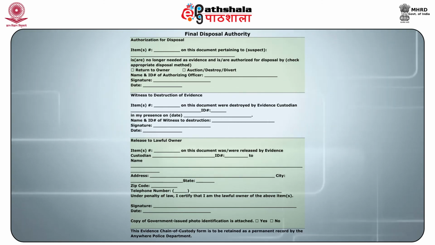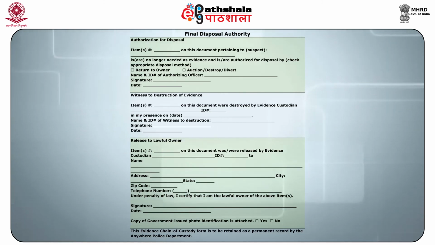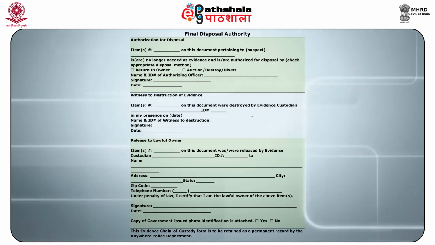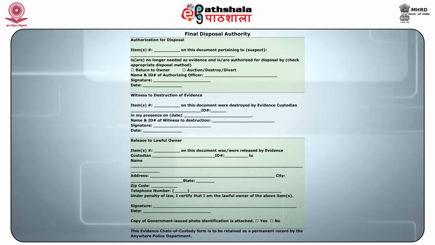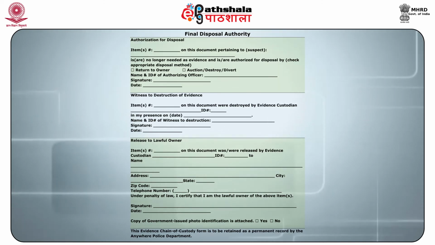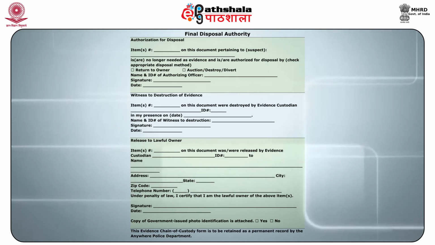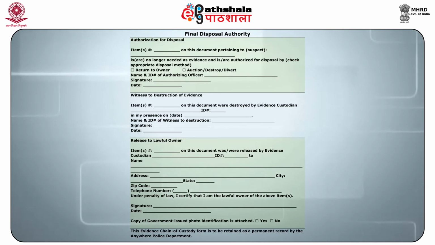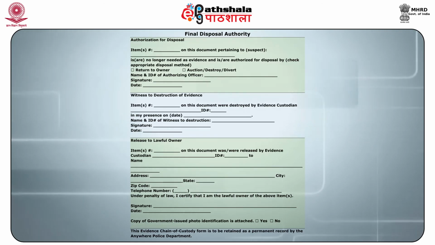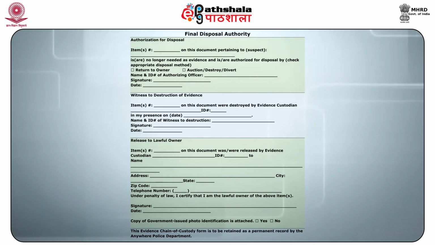Next in this, name and ID of witness to destruction, his signature and date. Release to lawful owners: in this, the item number, ID number, name, address, state, telephone number, zip code, city are written. This evidence chain of custody form is to be retained as a permanent record by the Anywhere Police Department.